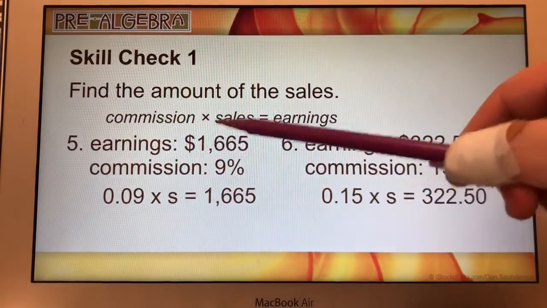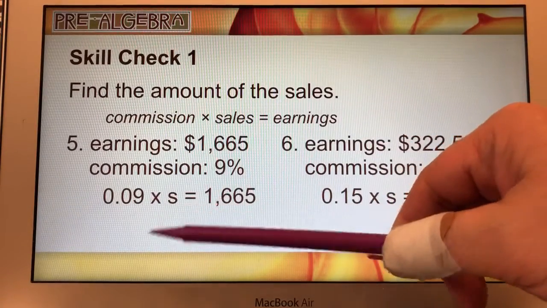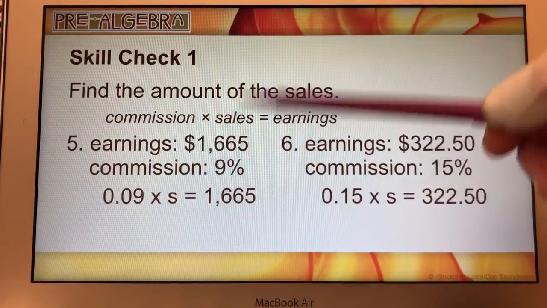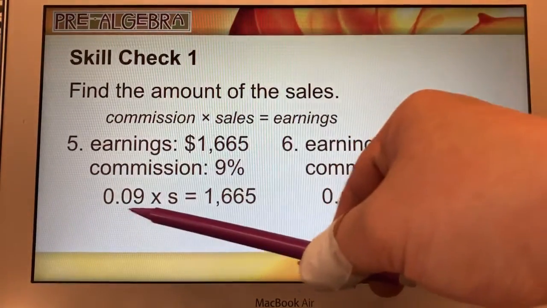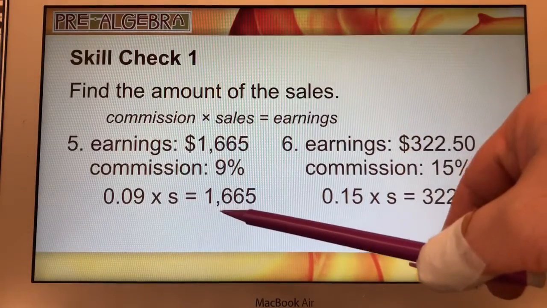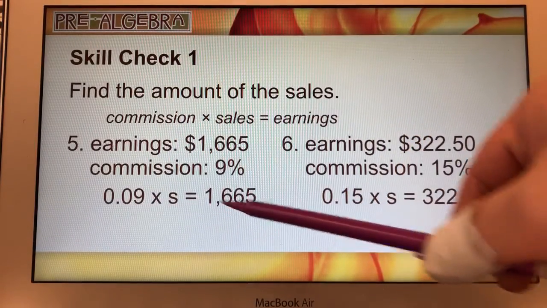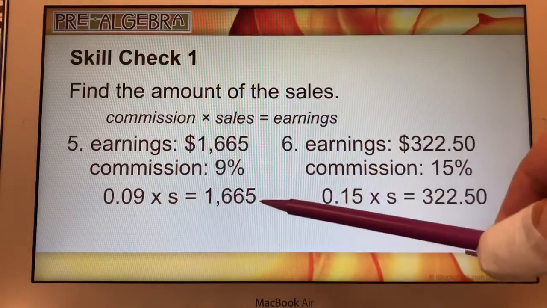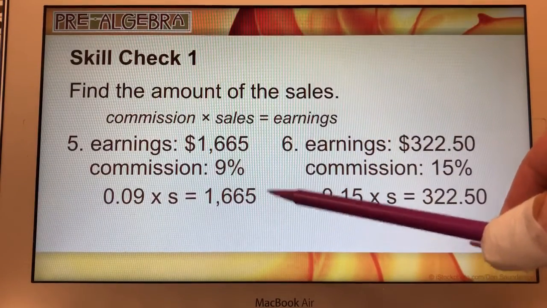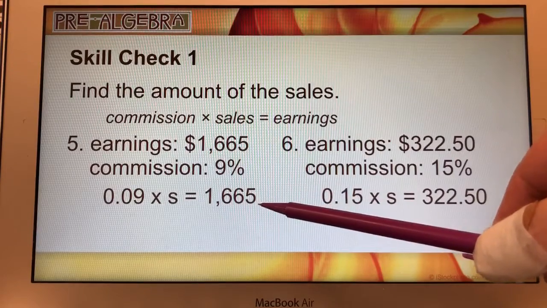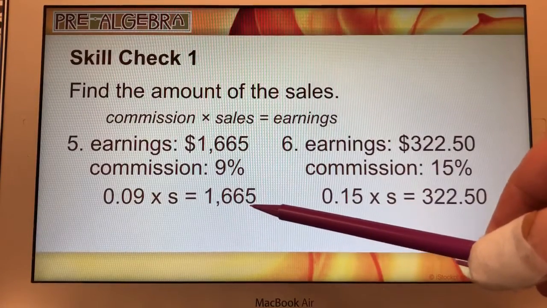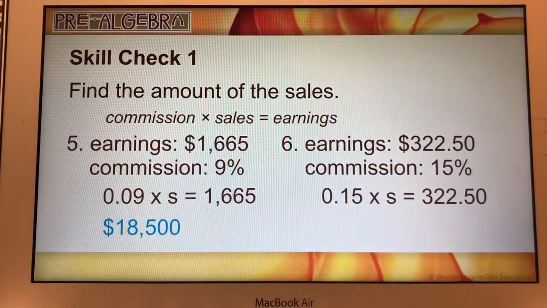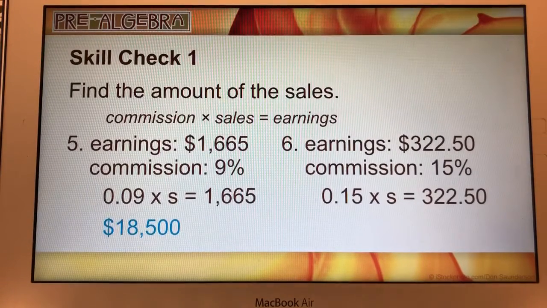You're going to multiply that by the sales, which we don't know, and that's going to equal our earnings, 1,665. So you divide here by 0.09. And remember, when you divide, you're going to have to move the decimal over here and add 2 more zeros. And then that's going to give us our sales, which is $18,500.